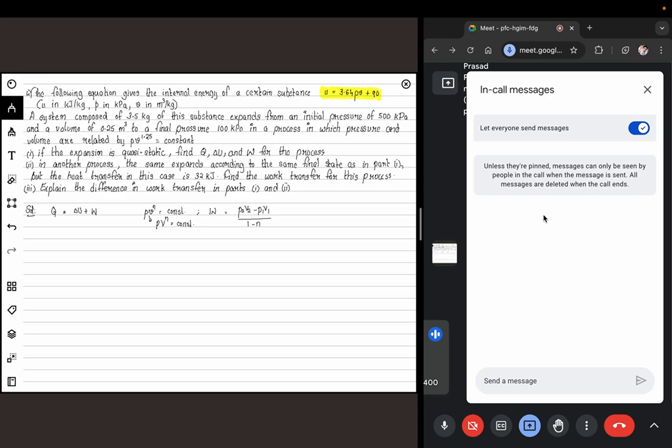If you can recollect, we have derived this previously, just for those of you who missed that. So how do we calculate work done? We have PV to the power n equal to constant. Let's say K is a constant. The work done is given by the integral of P dV between V1 to V2, where P is given by K by V to the power n, dV. This gives us K V to the power minus n plus 1 over minus n plus 1.